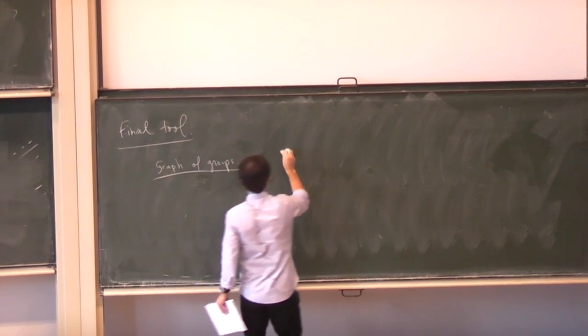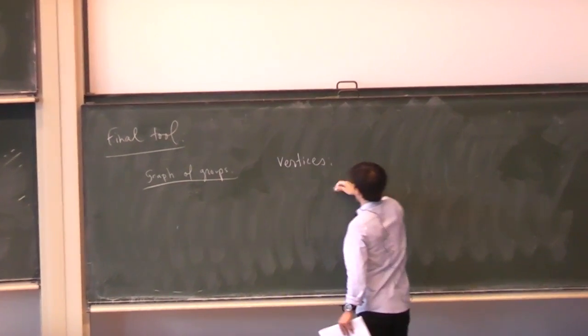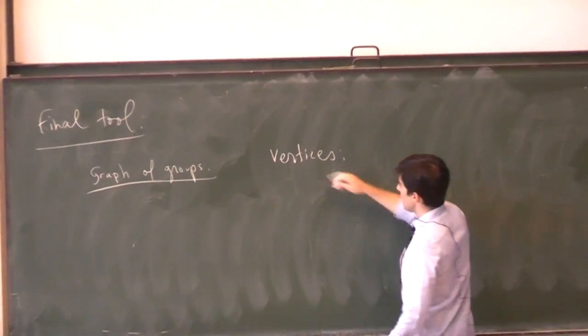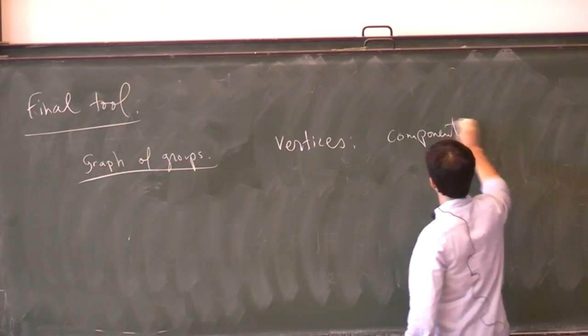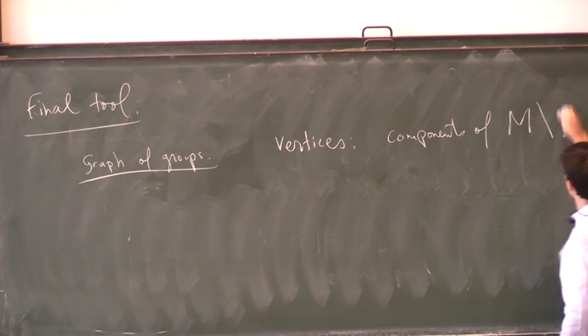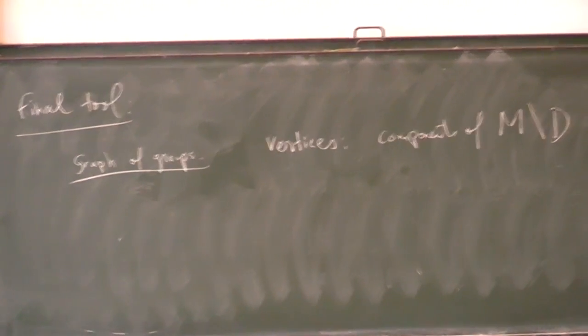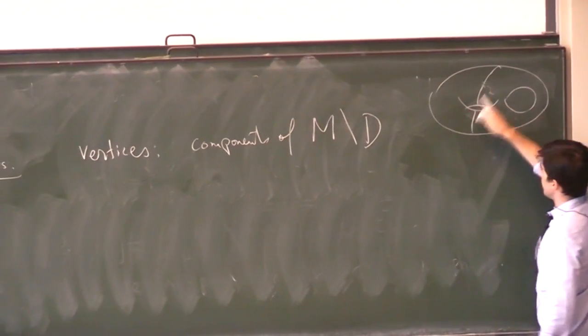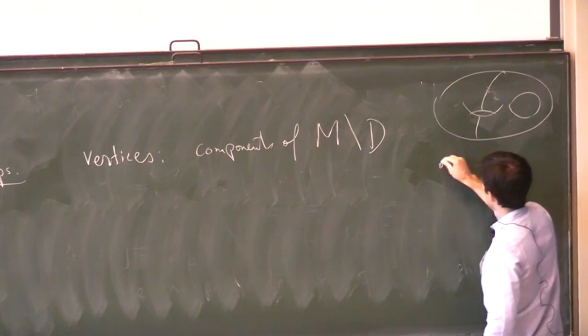Okay, so the vertices: you have one vertex for every component of M minus D. So if this was your D and M, then I would have 1, 2, 3 vertices.